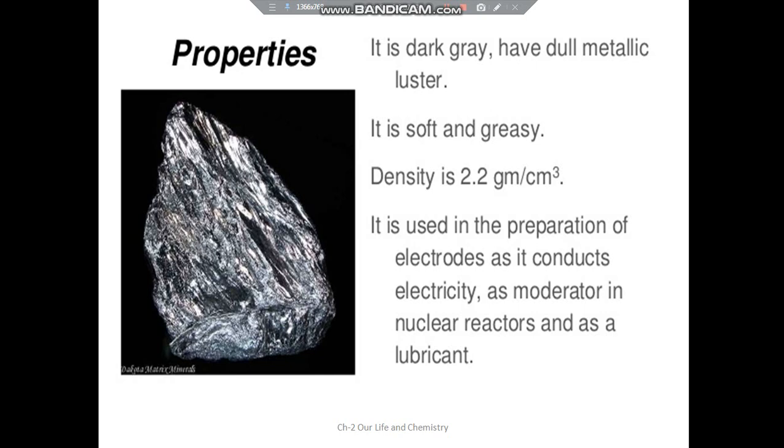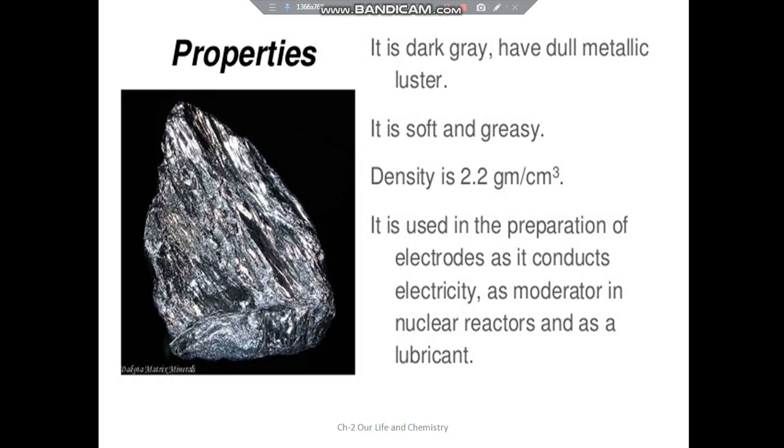You can see that there are hexagonal layers and then dotted lines in between. This dotted line indicates the weak bond between the different layers, and that is why graphite has a greasy structure.